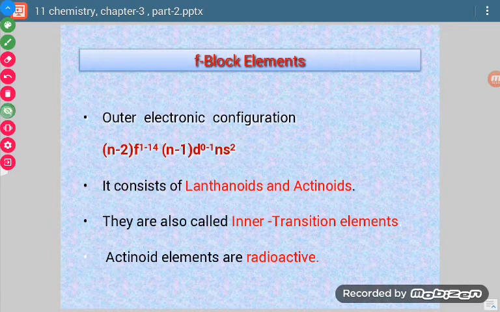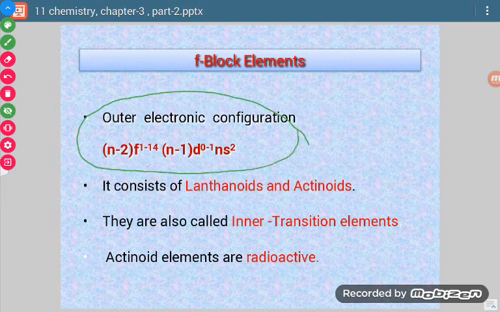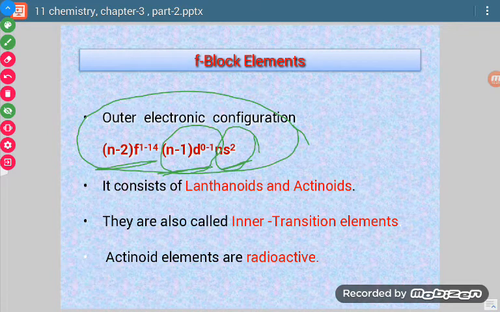Now when we write the electronic configuration, their valence shell contains 3 orbitals. One is the (n-2)f orbital, another is the (n-1)d orbital, and another is the ns orbital. There may be 2 electrons in ns, either 0 or 1 electron in (n-1)d, and from 1 to 14 electrons in the (n-2)f orbital.